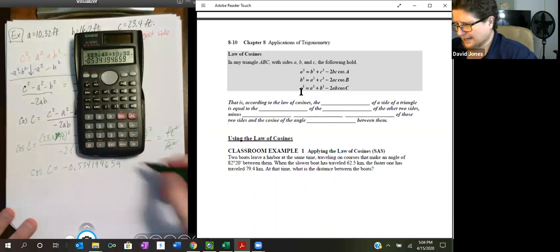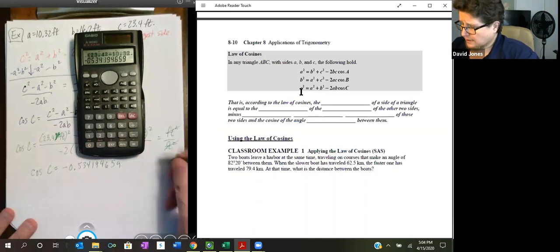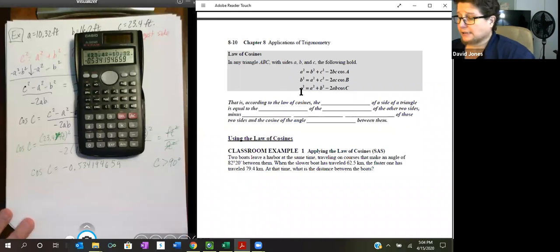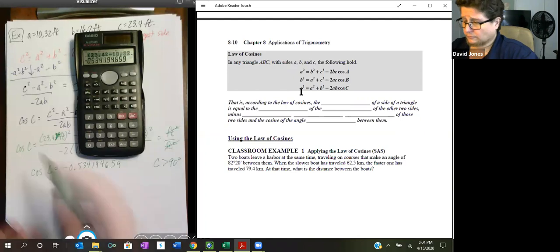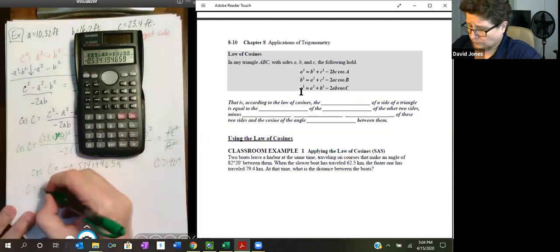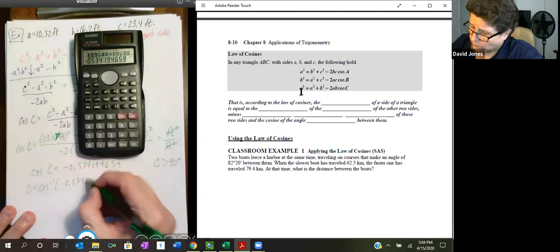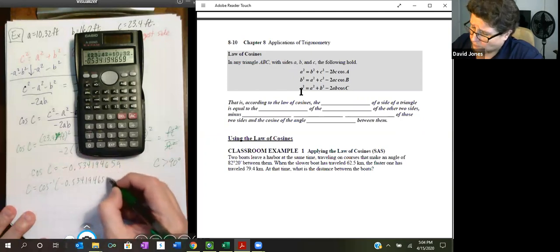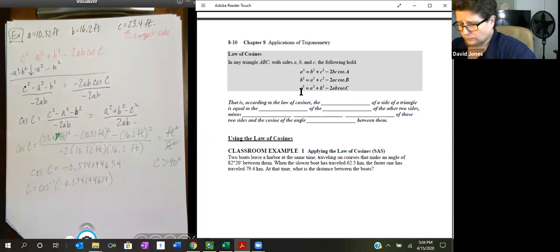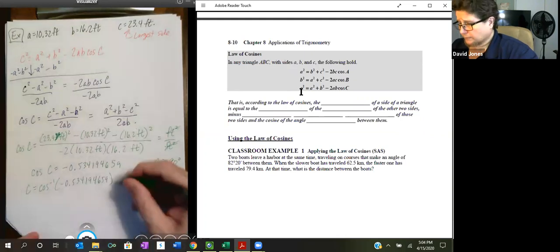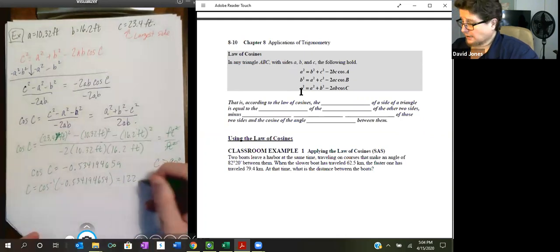So this is negative, which tells me C needs to be greater than 90 degrees. Okay? And it is.